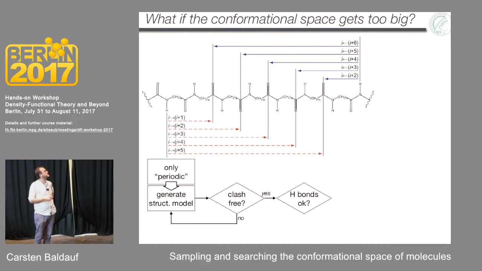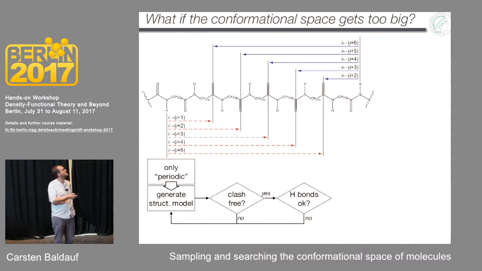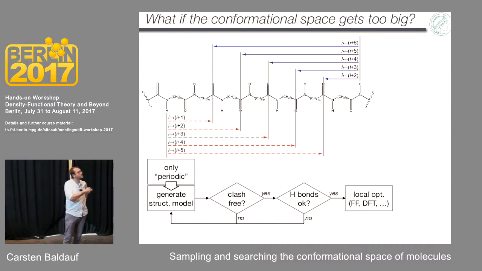This is what these arrows indicate. Only if this is also satisfied do we put the structure into our DFT calculation. So a good way of sampling, especially if you want to do it accurately, is to first get rid of everything that doesn't make sense anyway. You save a lot of time by that.